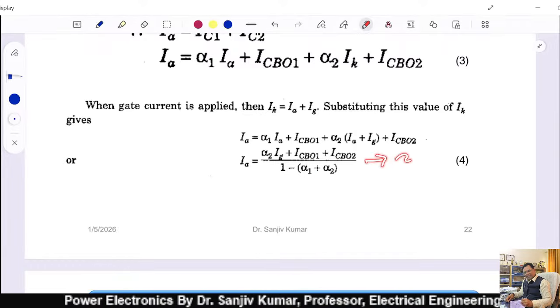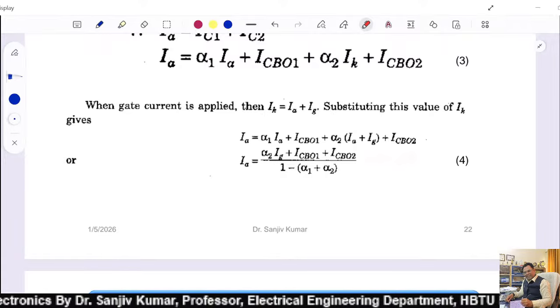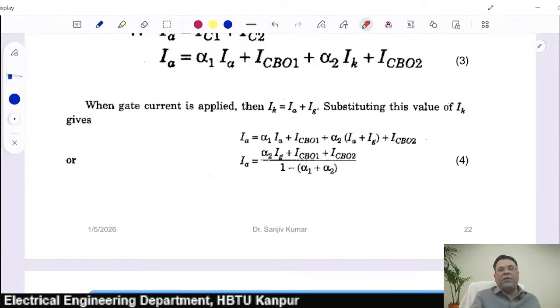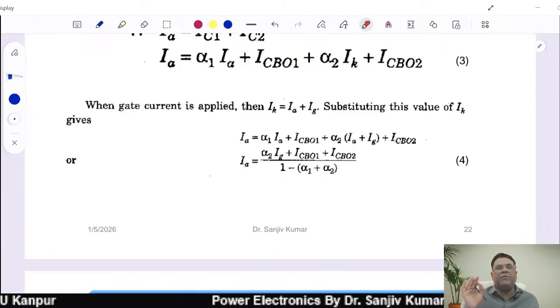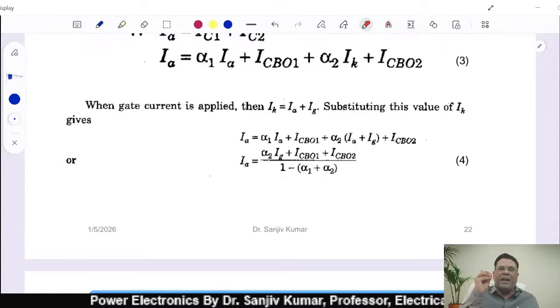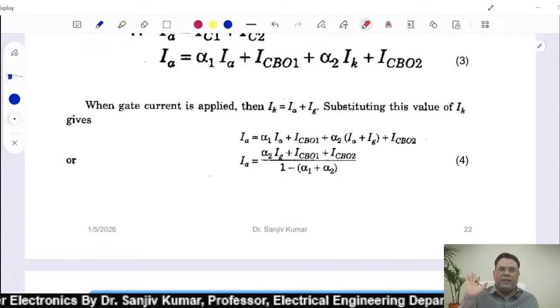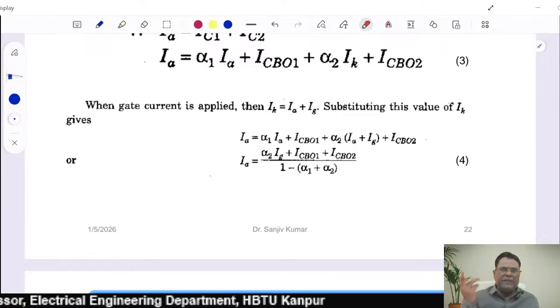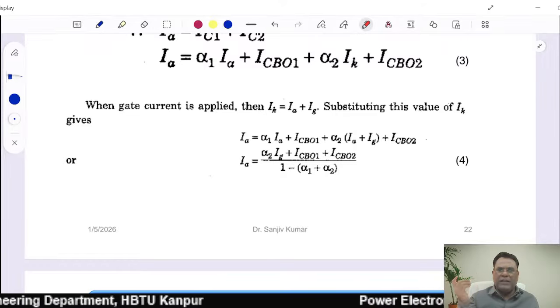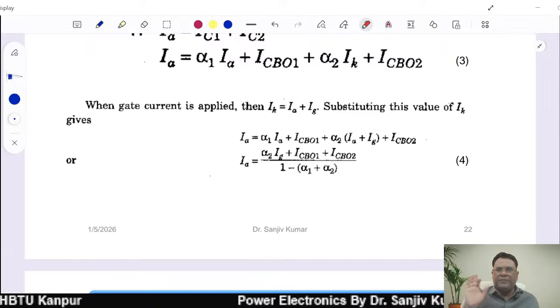This current is infinite. Infinite means, again I am telling you, whenever in the talk I say infinite, infinite purely means applied voltage divided by load resistance. That is the value of infinite. Clear? The maximum current which can flow through the thyristor is VDC by R. That's it.